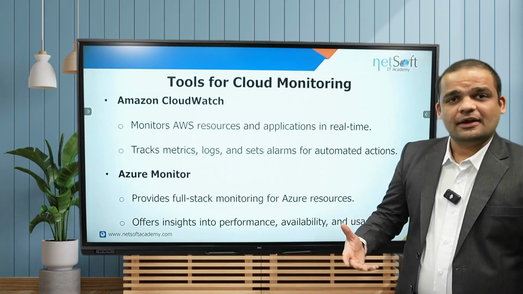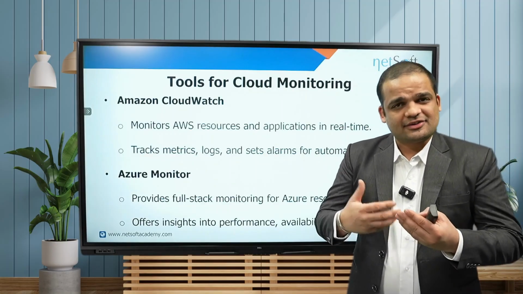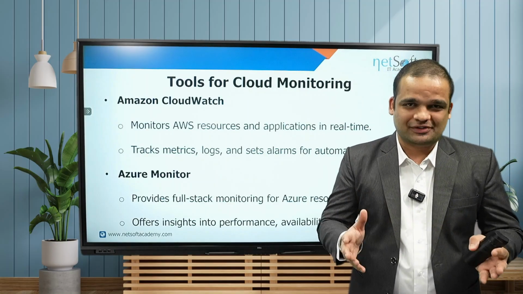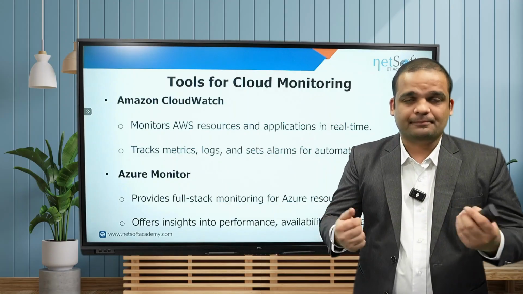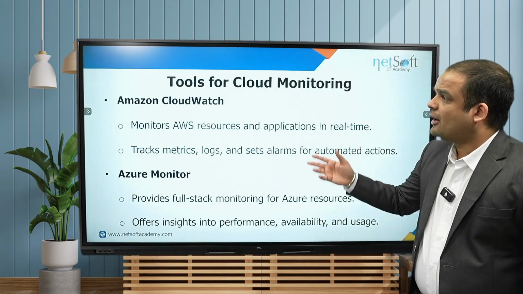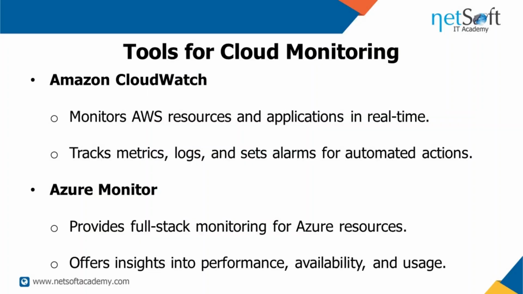Let's start with some essential tools for cloud monitoring used across different platforms. How about Amazon first? There is a tool called Amazon CloudWatch. It's in the name. It is a real-time monitoring service for AWS resources and applications.